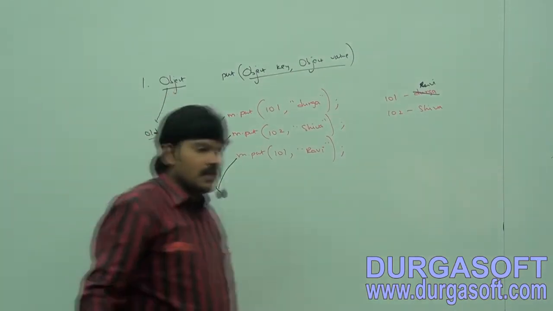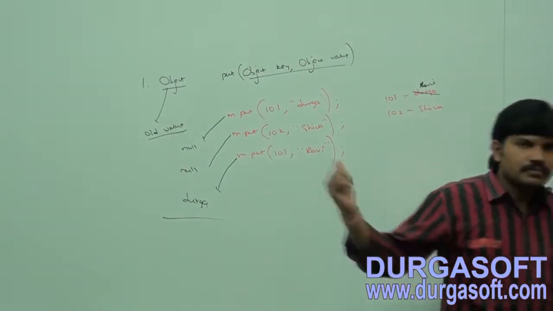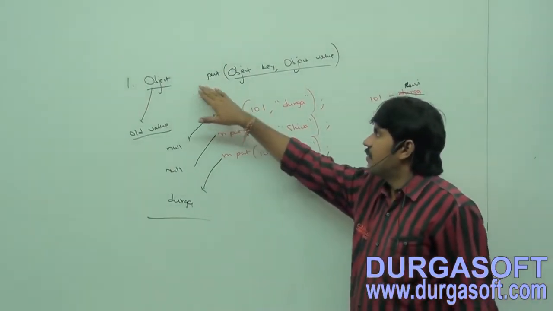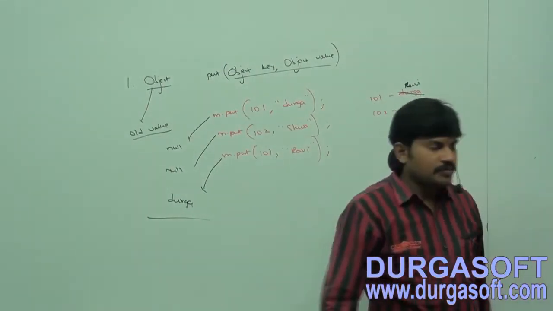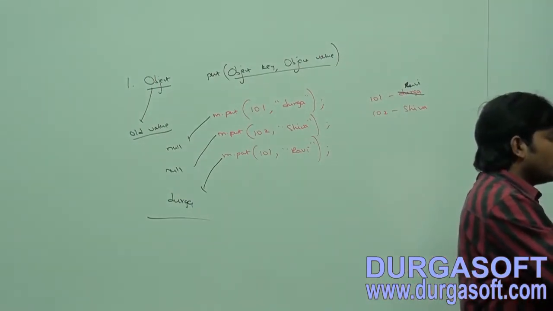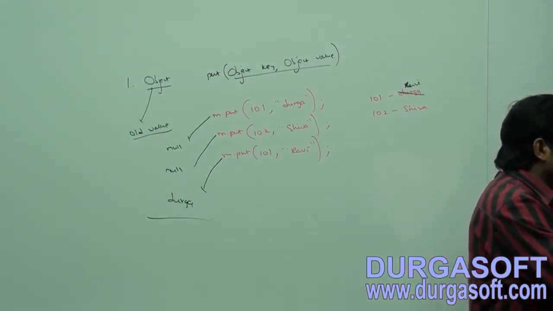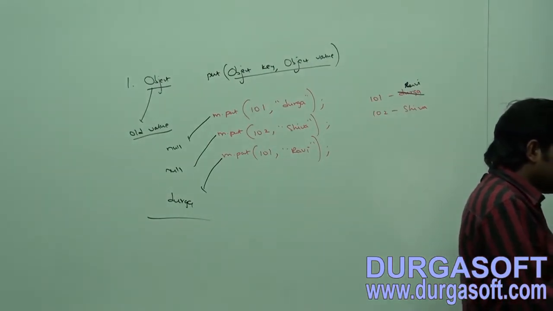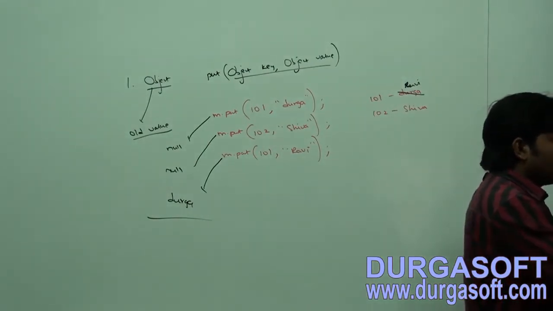At the first method, take clearly: object put of object key comma object value.